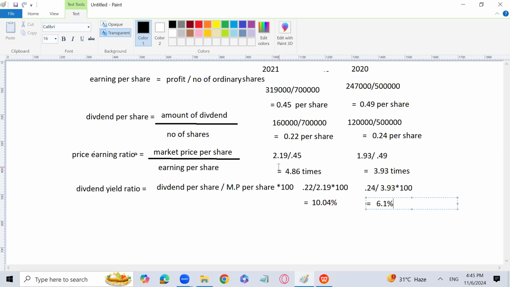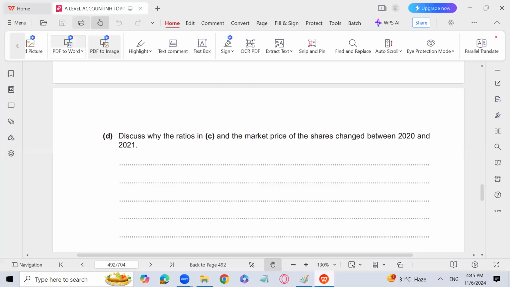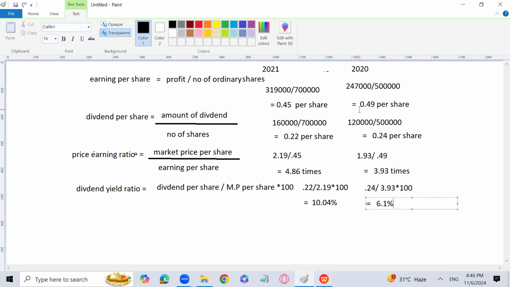Secondly, these are the ratios which we have calculated in the C part. They are also asking one more question: the market price of the share changed between 2020 and 21, and the ratios in C have changed. I already told you that the dividend and earnings per share have gone down because we have purchased more shares. Because more shares are purchased, there is a good hype in the market that the company is progressing.